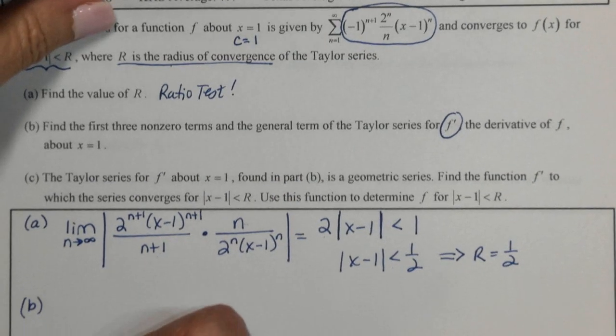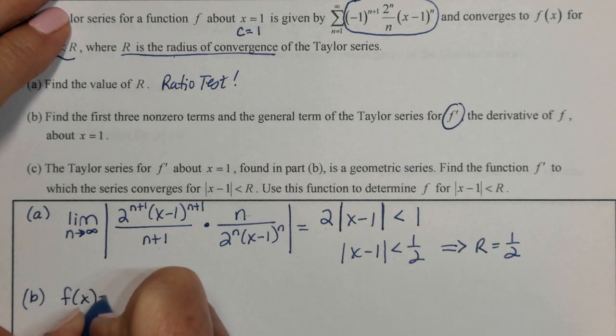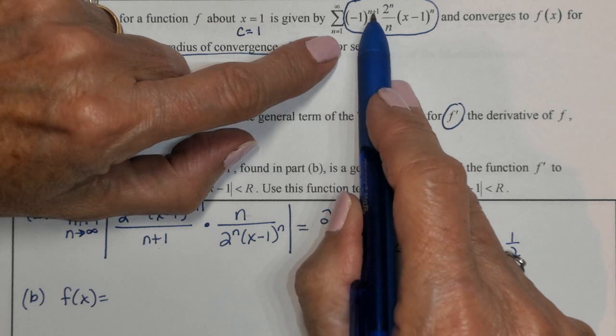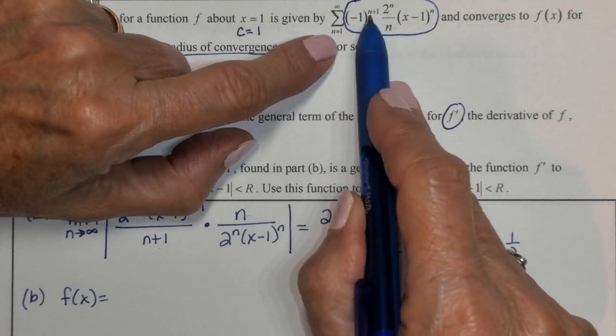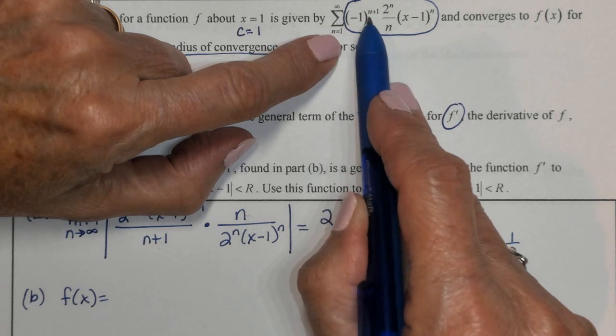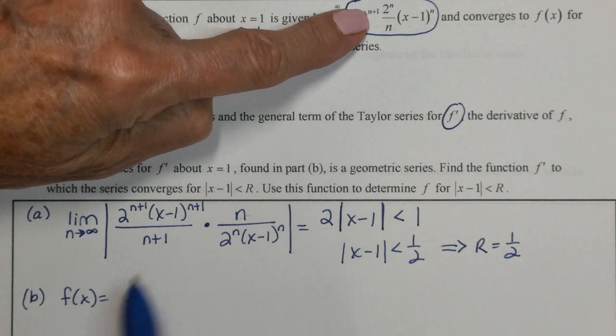So I'm going to. So f of x, not f prime, just f of x is. Okay, does it start positive or negative? If I put a 1 in for n, which I need to do for the first term, negative 1 squared is positive. So I start positive.